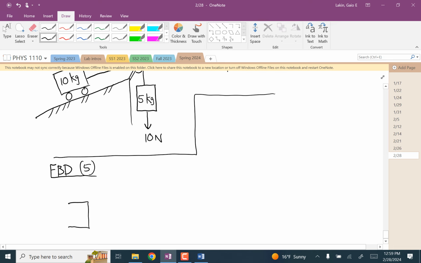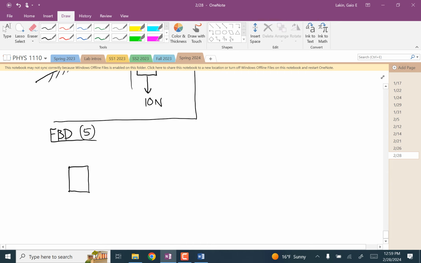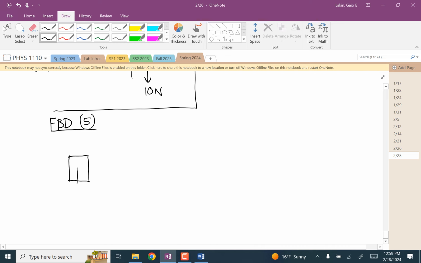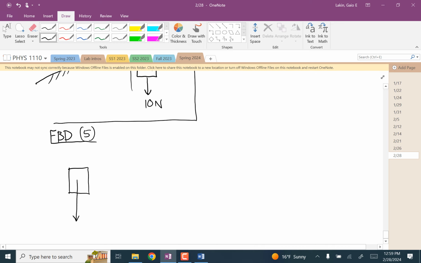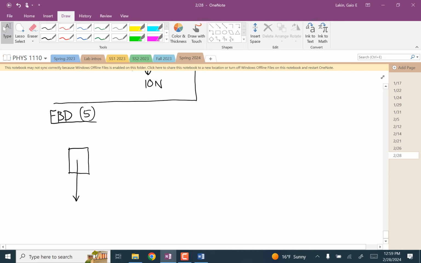So here's an outline of the boundary. There's a weight force acting down that's equal to the mass times 9.81. So 5 times 9.81 is 49.05 newtons. Then we're told that there's a 10 Newton force acting down.